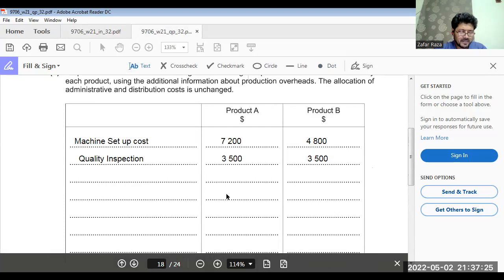So 2,500 divided by 3,500 multiplied by 14,000.